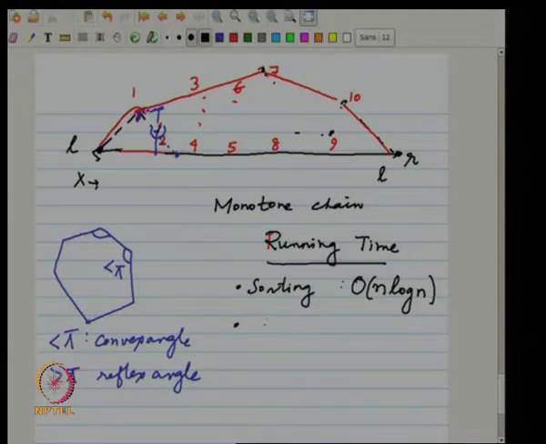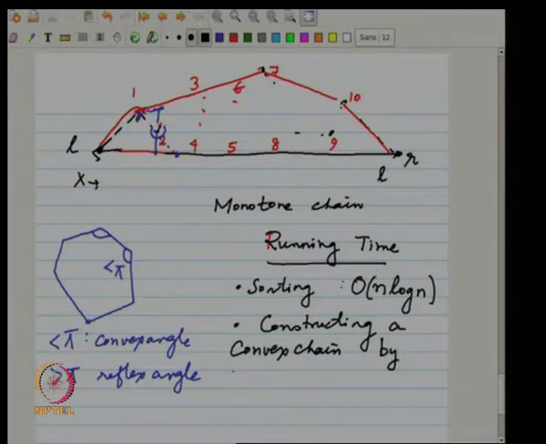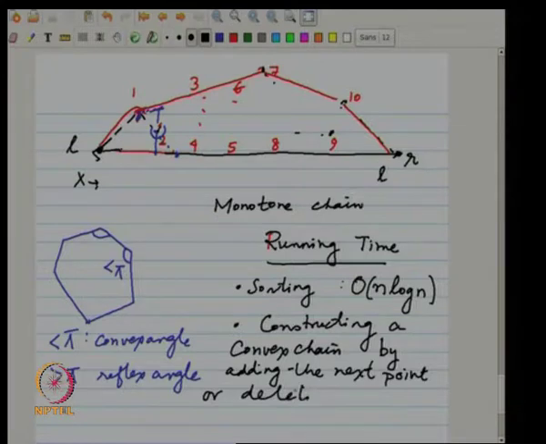So, constructing the convex chain by adding the next point or deleting, how many points?